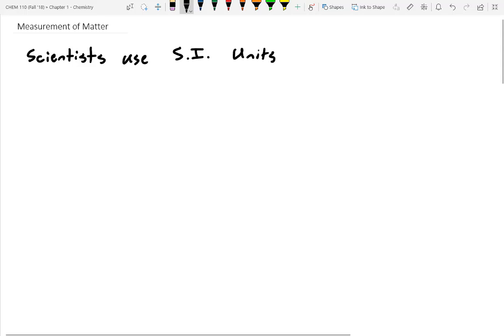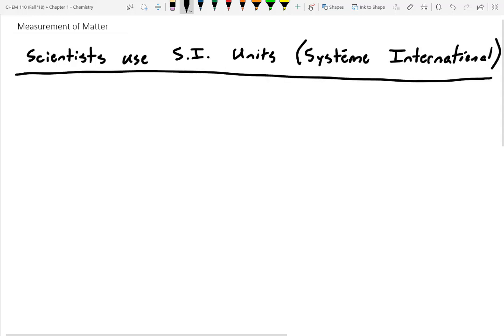And I don't speak French, but I'll do my best to spell this out. Whoops, I think I got the accent on the wrong E. So they use SI units.